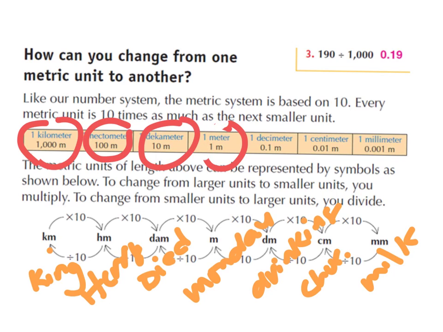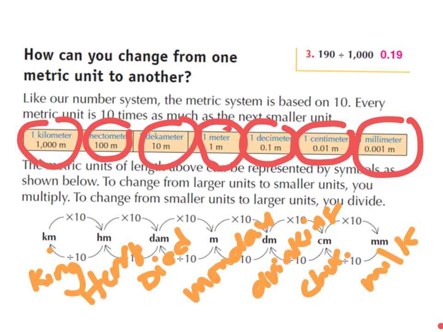My phone dinged. It is 1 meter, which is the center, the main one, the center of all these. The decimeter is drinking, stands for King Henry died Monday drinking chocolate. That's a centimeter. Milk for millimeter. So if you can remember that, it'll show you the order.